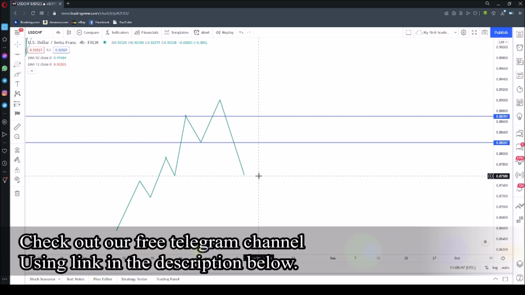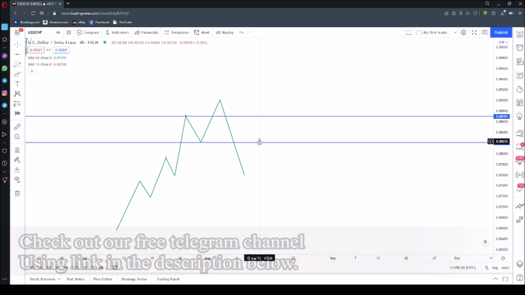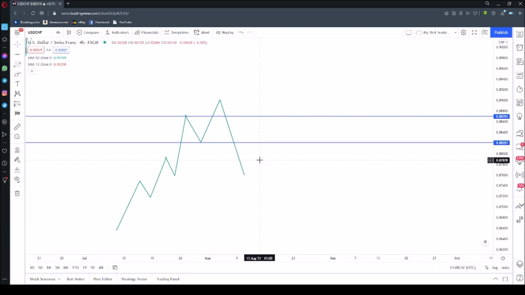So to know the exact order block we are going to respect, we will now need to incorporate indicators. The indicators that we are going to use are exponential moving average 50 and exponential moving average 13. All we need to do is to see a crossover of these moving averages within the breaking of structure process.